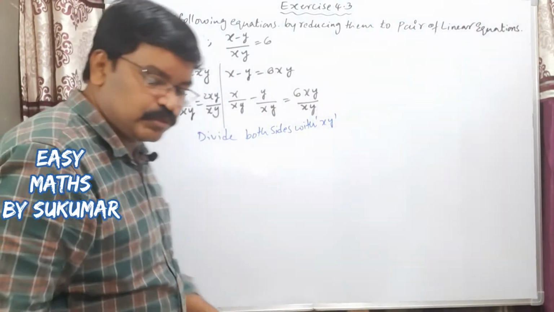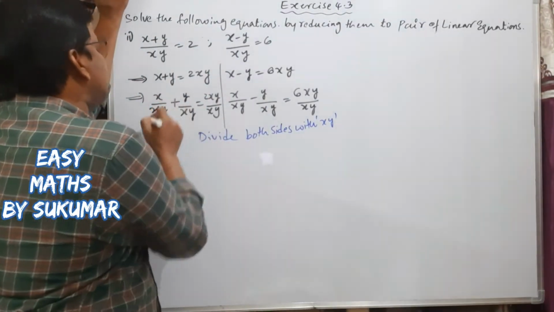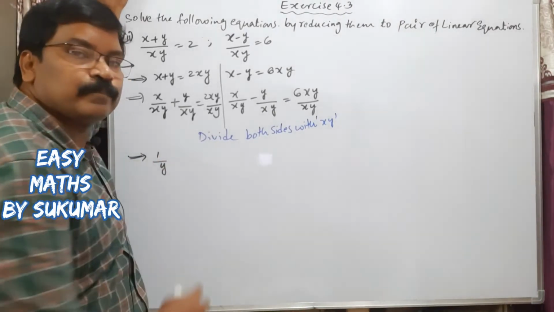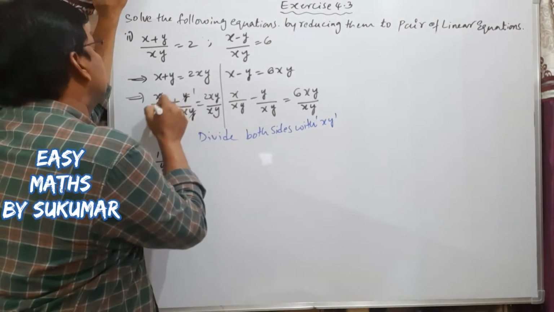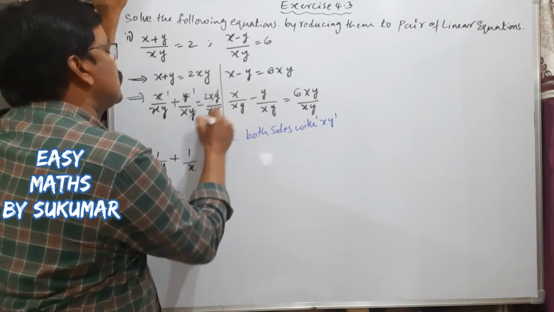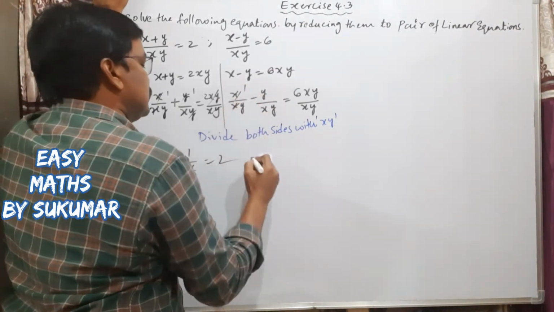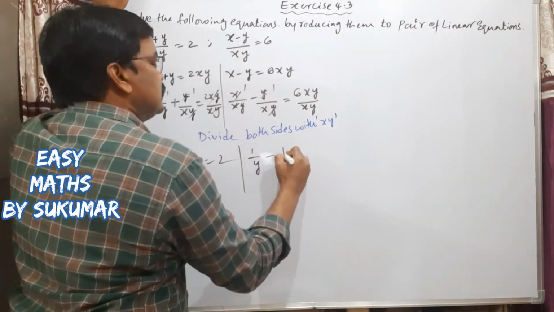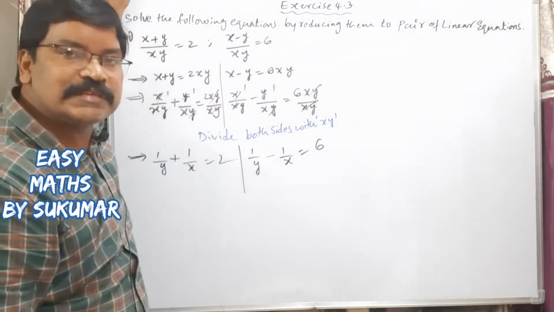Okay, now my dear students, here x and x get cancelled, so this implies 1 by y plus, here y gets cancelled, so that is 1 by x is equal to, here xy cancels, this is equal to 2. Similarly x gets cancelled, that is 1 by y minus, y gets cancelled, 1 by x. Now xy cancels, this is equal to 6.